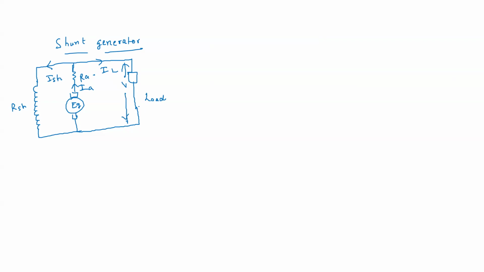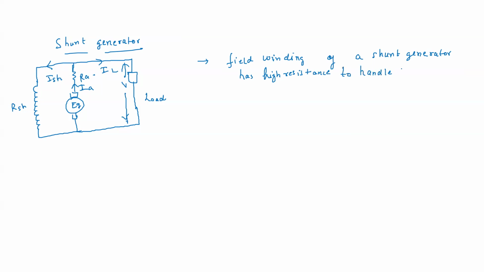You see that the field winding of a shunt generator has high resistance to handle low current ISH.